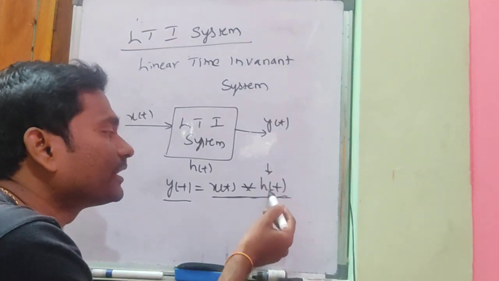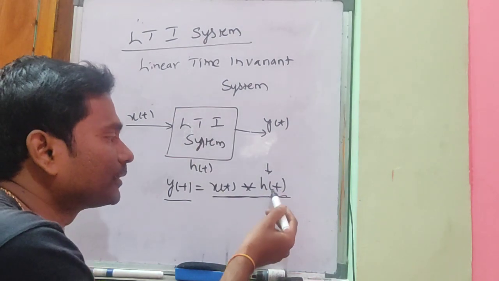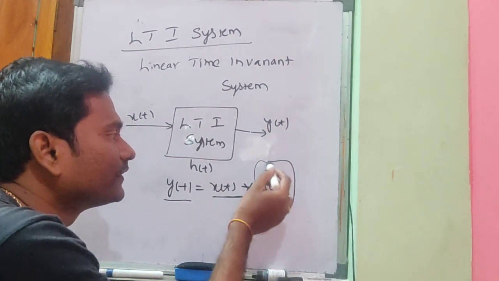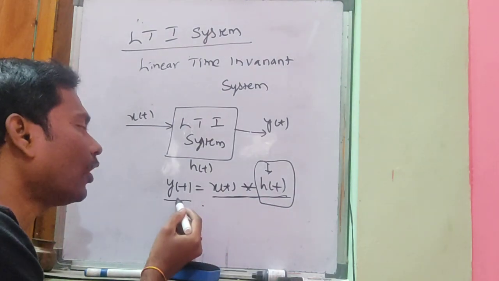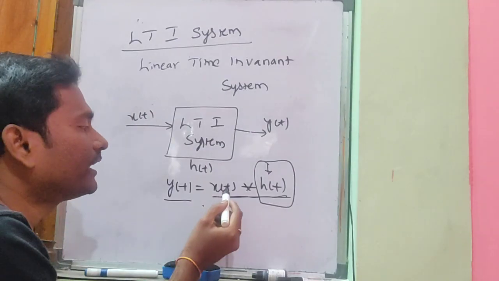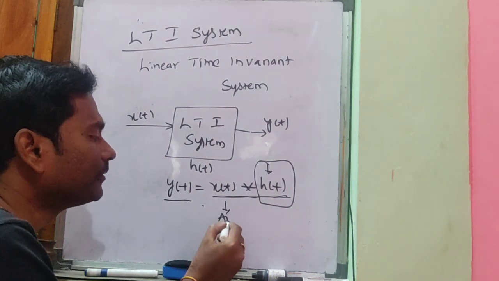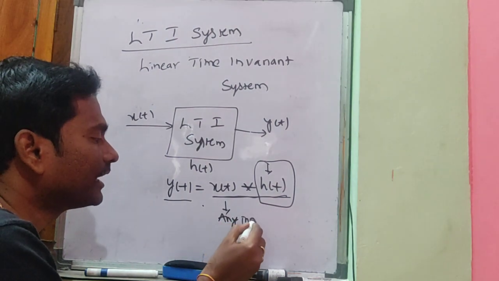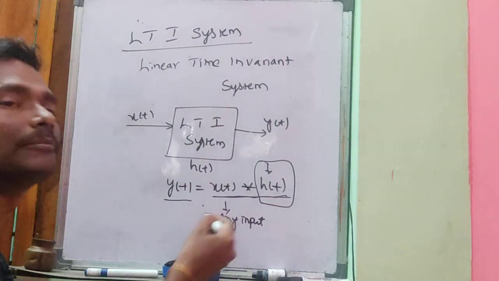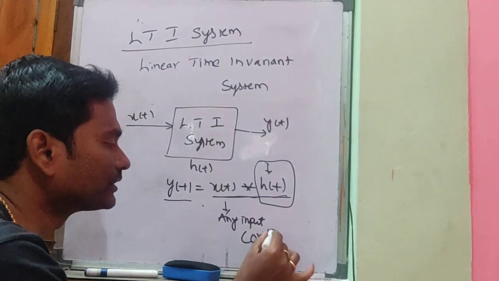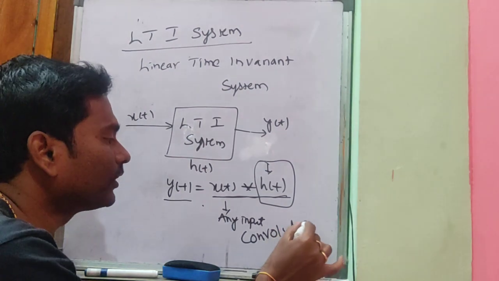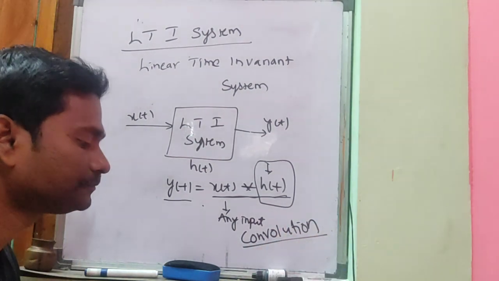Knowing this one thing is enough. Once you know this impulse response, you can easily find the output of the system for any input by using the mathematical operation called convolution. That is the importance of convolution.